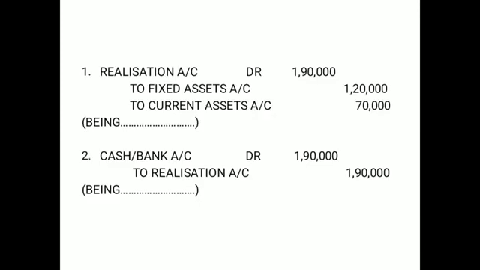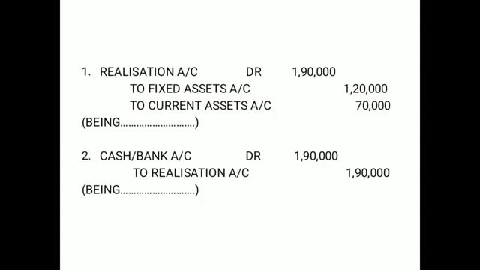I repeat, 2 lakh 40%, 80,000, 2 lakh minus 80,000, remaining is the value of fixed assets. Total assets are 2 lakh, out of which fixed assets are of 1,20,000. Current assets are of 80,000 actually, but it includes 10,000 for cash. So which is to be excluded because at the time of dissolution, the amount of cash and bank is not closed and transferred to realization account.